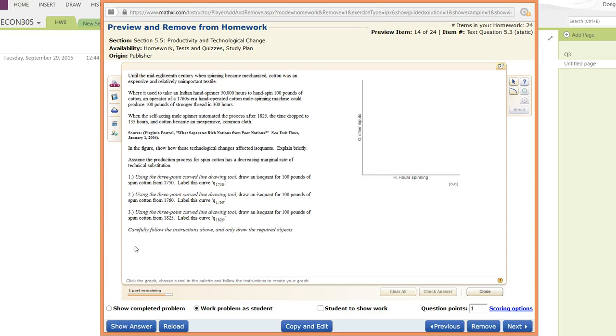This is question 14 of homework 6 of chapter 5. Until the mid-18th century, when spinning became mechanized, cotton was an expensive and relatively unimportant textile.